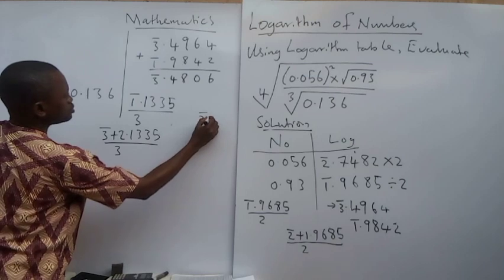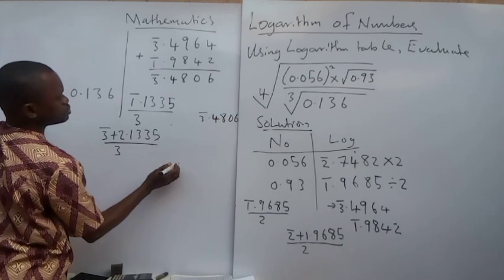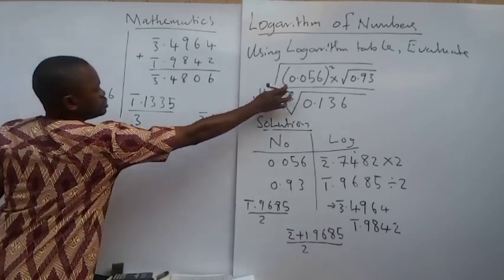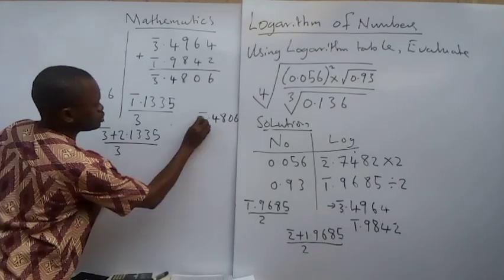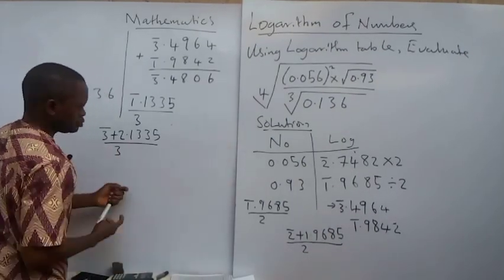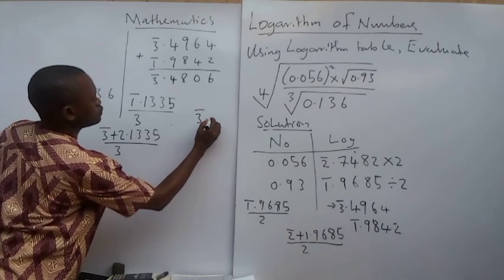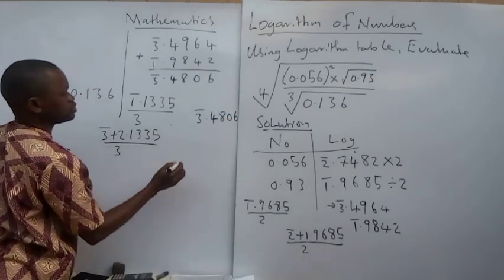Bar 3.4806, and then whatever I get from here, I put it under here, because this division is saying something on that. Let me make it bold. Bar 3.4806. I hope it's very clear now.